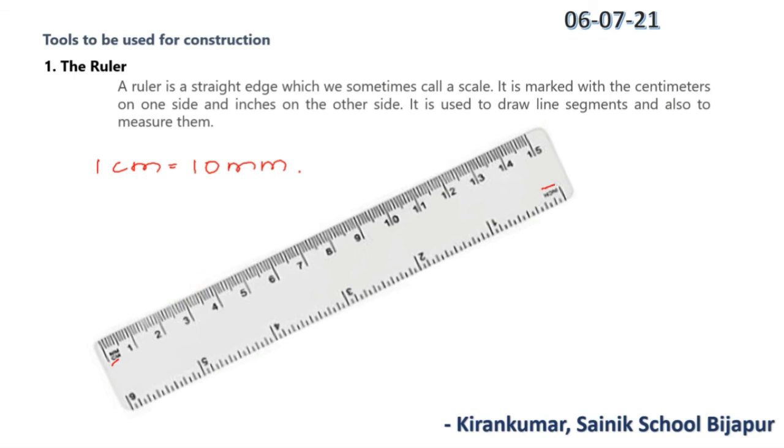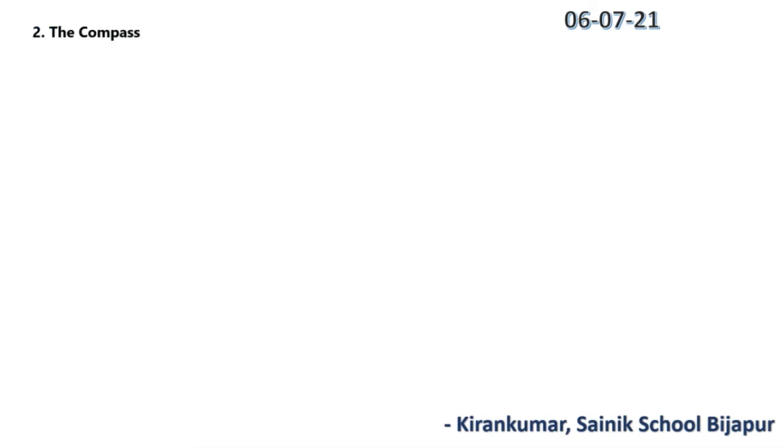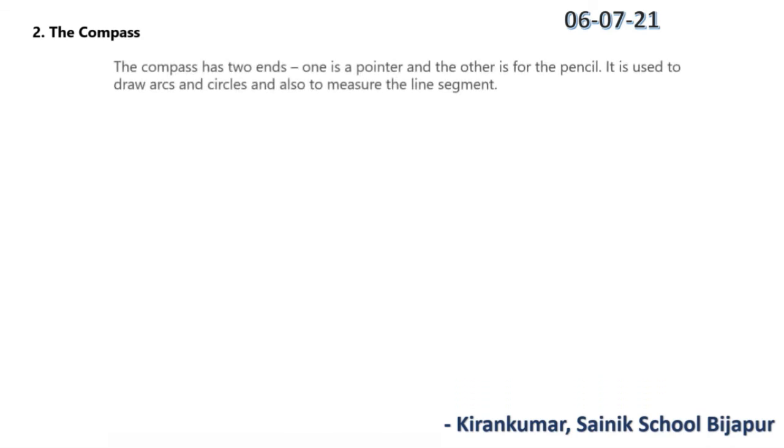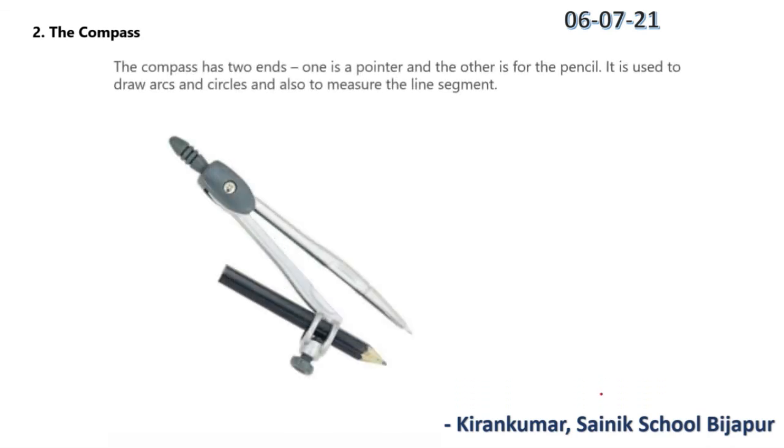The next instrument is called a compass. The compass has 2 ends. One is the pointer and the other is for the pencil. It is used to draw arcs and circles and also to measure a line segment. This is the compass. You have used this instrument in class 5, 6 and 7.